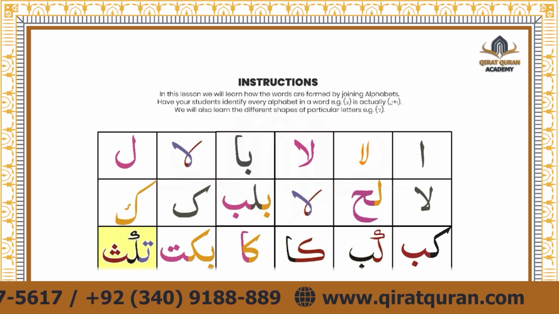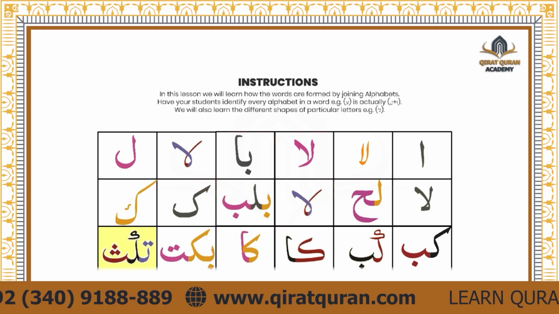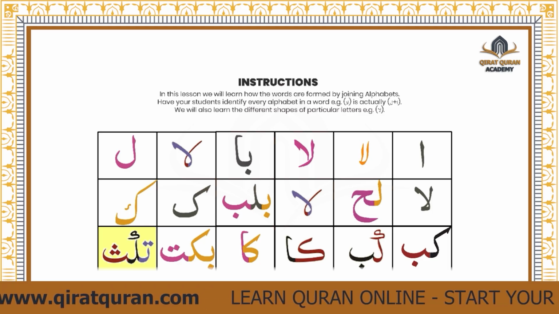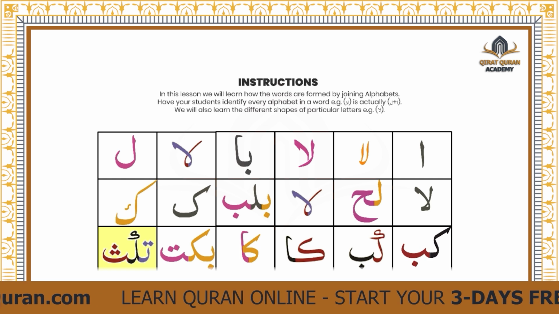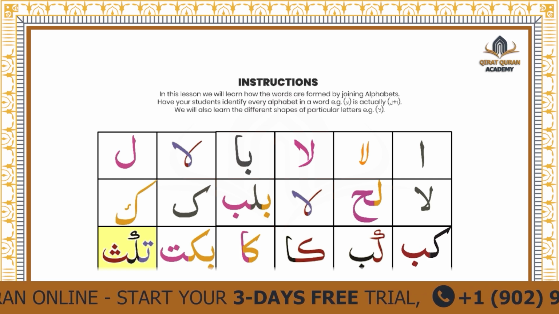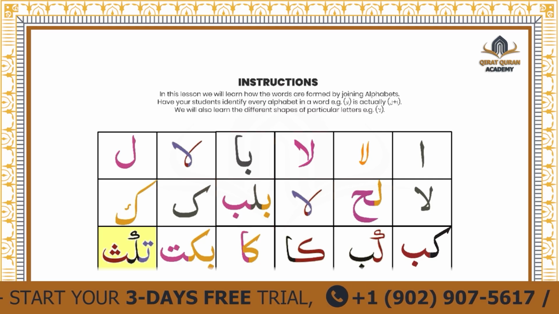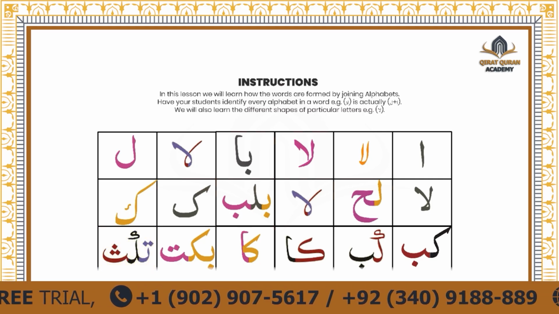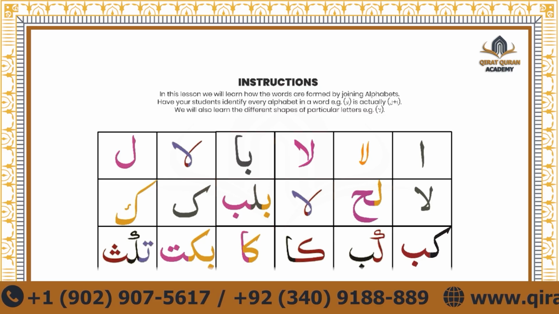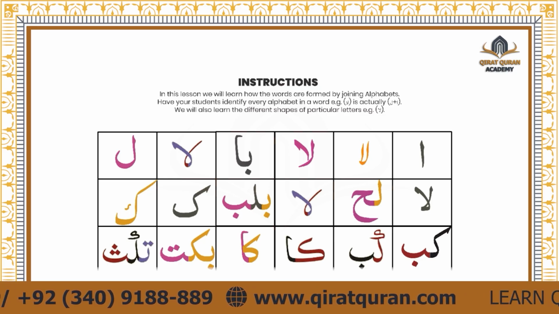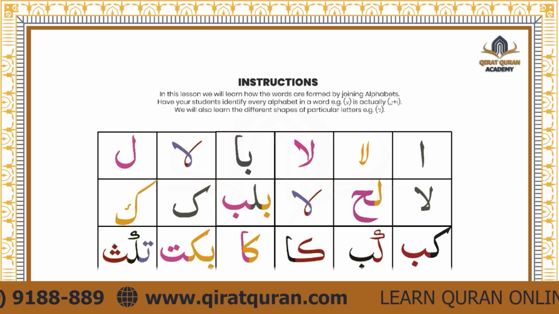The third letter has three dots at the top, and we read in the beginning that sa has three dots at the top, so this one is sa. Ta, kaf, sa.